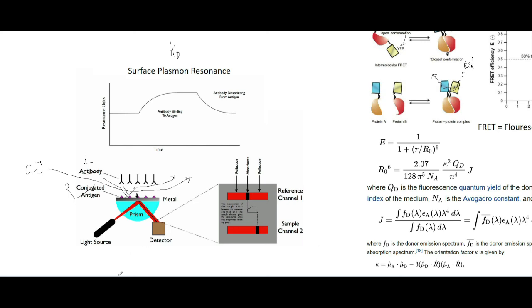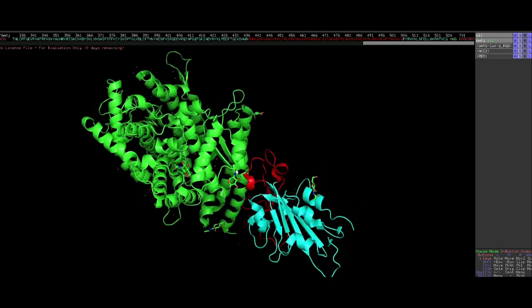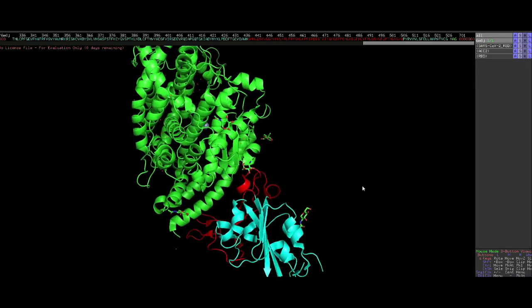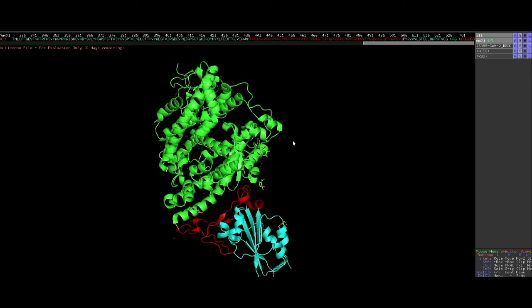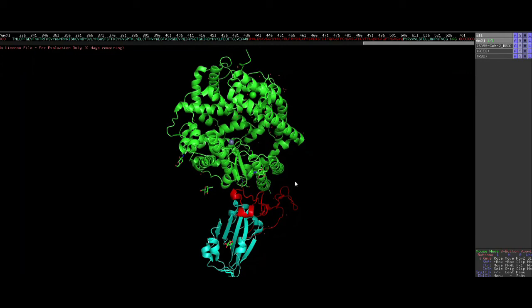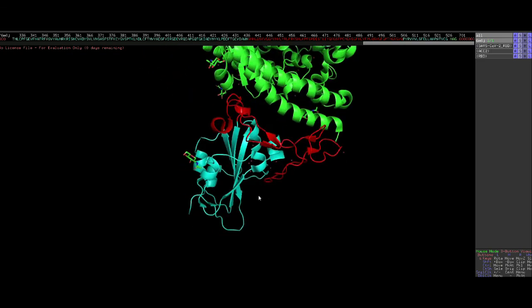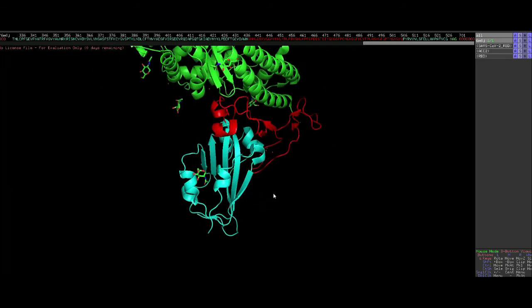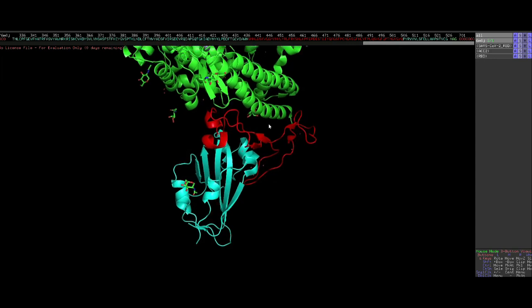I'll quickly go through. I want to just look at some proteins here. So this is actually the coronavirus, the receptor binding domain down here from COVID-19, from SARS-CoV-2, and we see the red here is a binding domain.